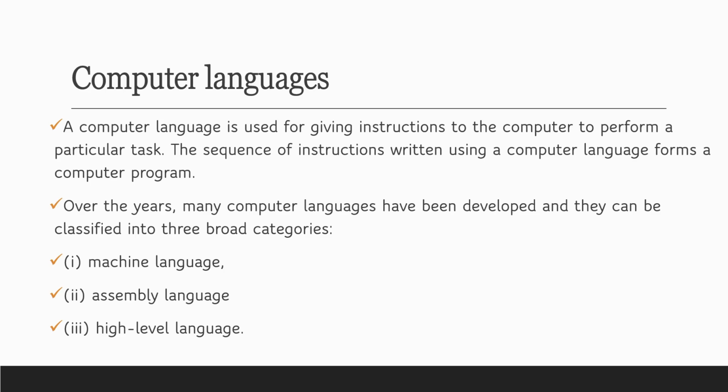Here we are going to use the mnemonics. We will discuss these different types of languages in detail later on. Lastly, we have high level language like Python, which is more user friendly and is easier for humans to understand and write.